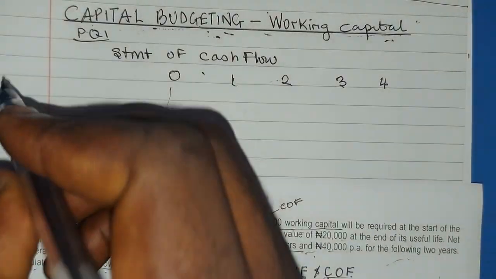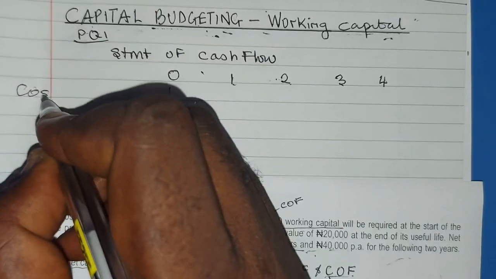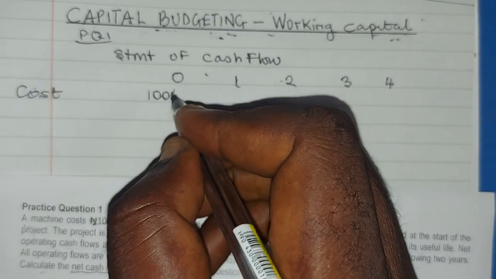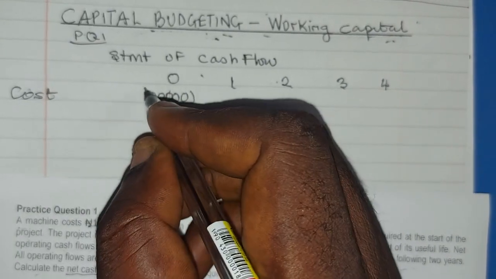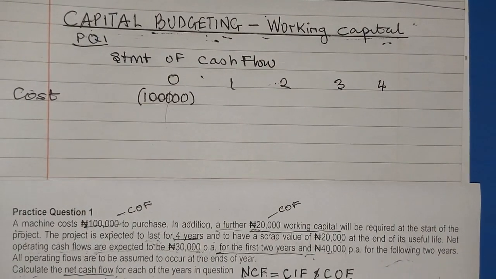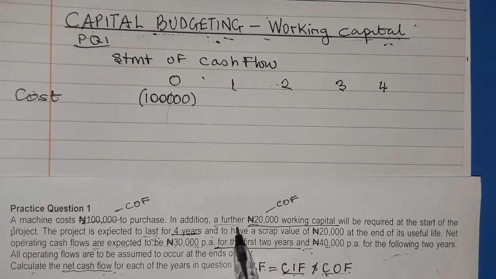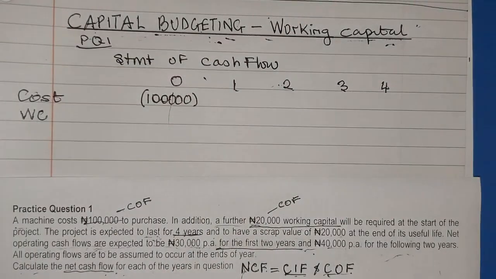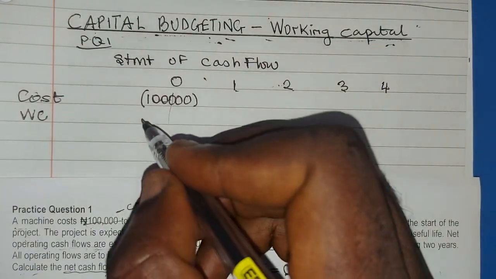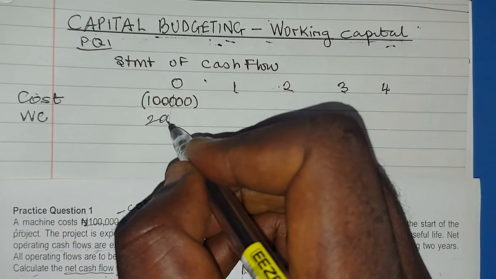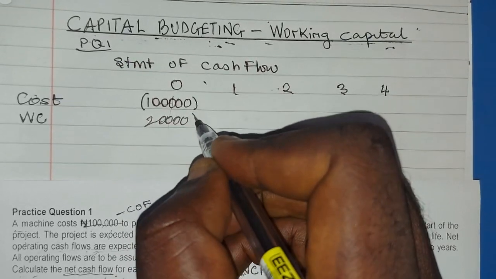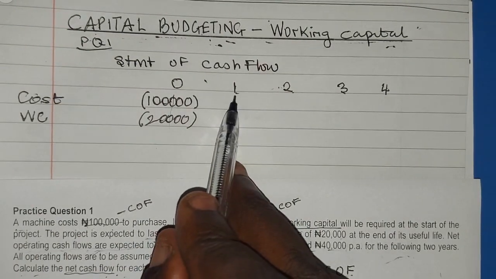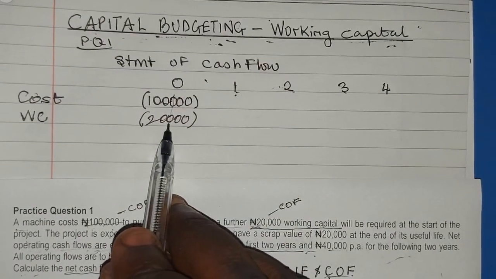All right, now you start with the cost of the project. That is cost, which is 100,000 in brackets. That is an outflow, that is in brackets. Then they said working capital. So when you have working capital, the rule is that you invest your working capital as an outflow at the beginning of the year. The working capital you will need to run year 1 will be invested now.